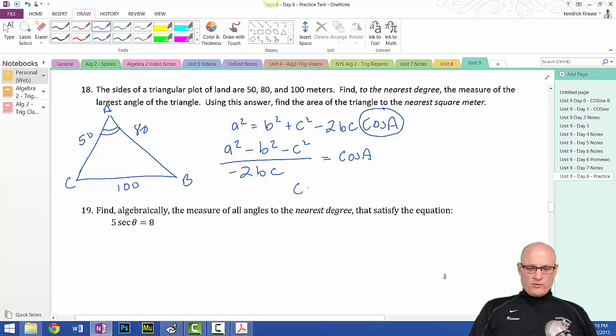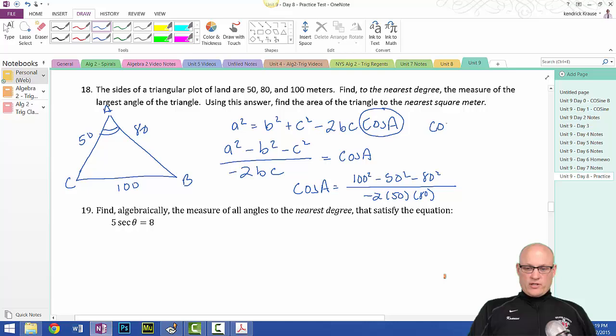All right, so cosine A, if I substitute everything in, is equal to 100 squared minus 50 squared minus 80 squared all over negative 2 times 50 times 80.